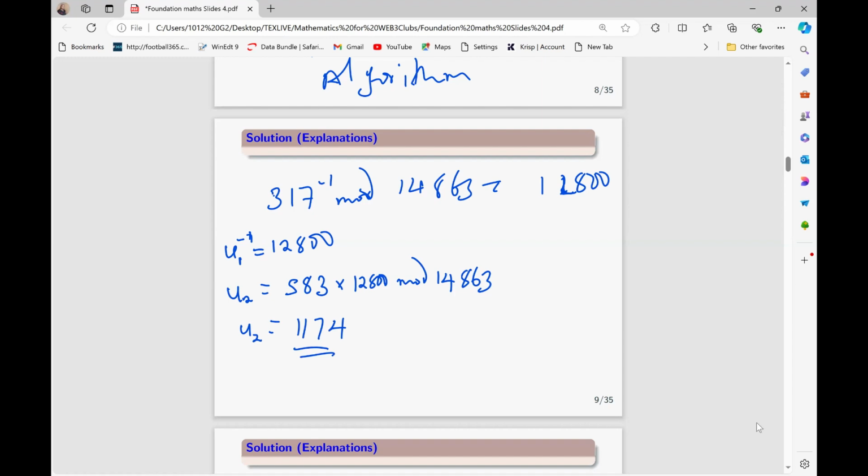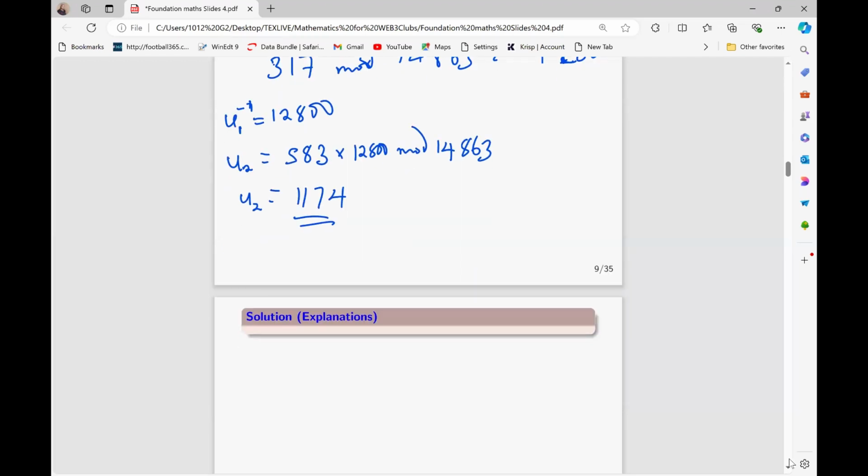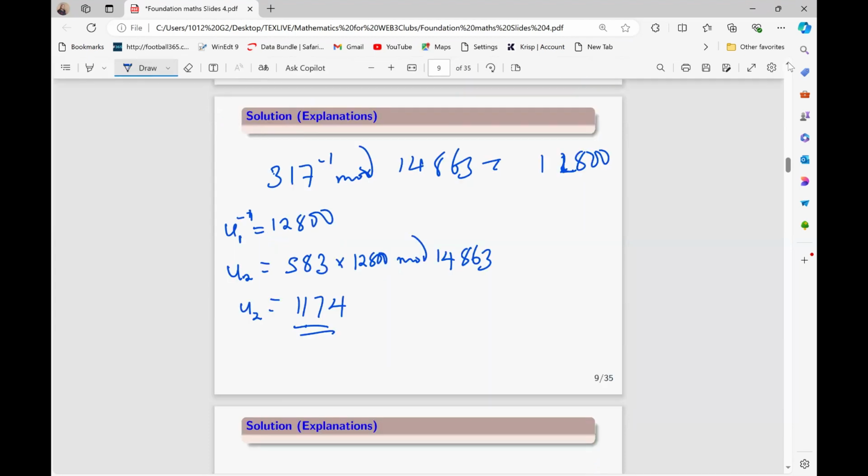Now we had U1, which is 317, and U2 is that. You don't send that to Alex, because if you send Alex 317 and this, he will know what X is. We still want to conceal X, because when you multiply these two, they'll give you X. Let's just see. When you multiply 317 times 1174, this is what you get: 372,158.